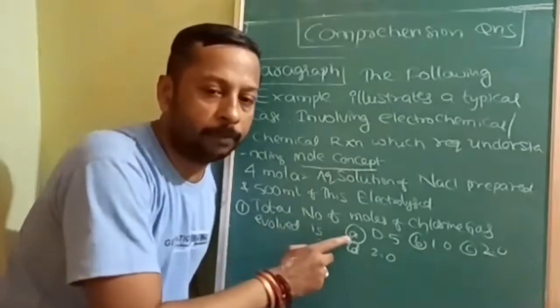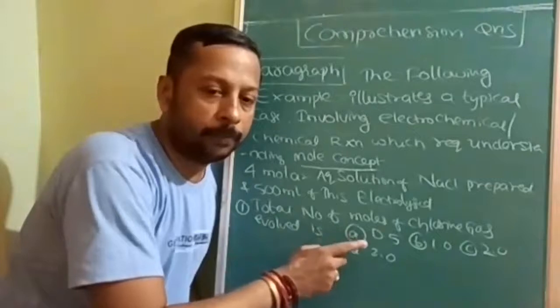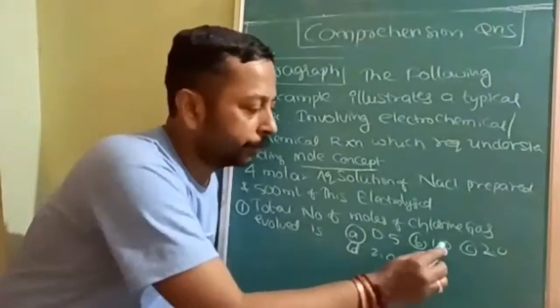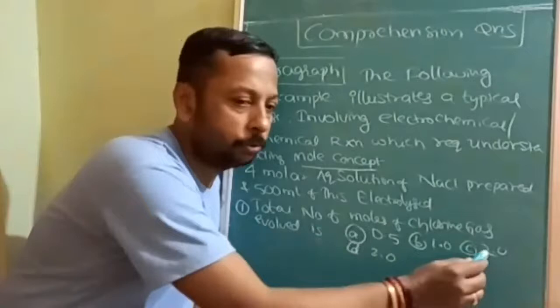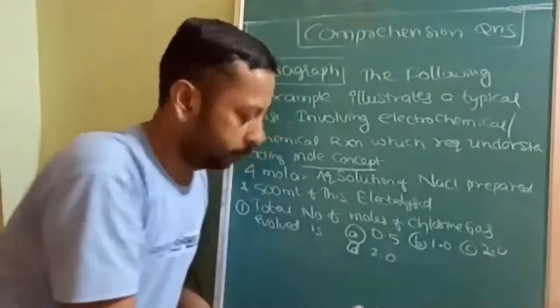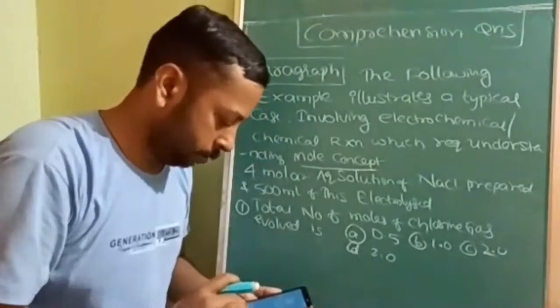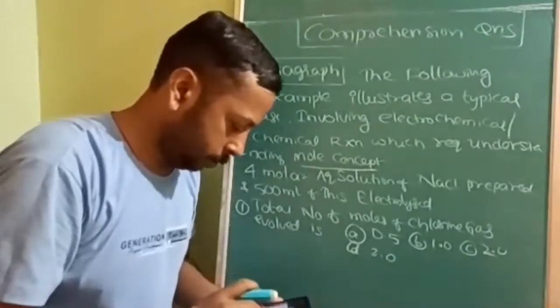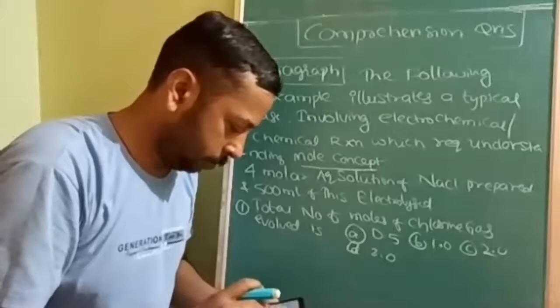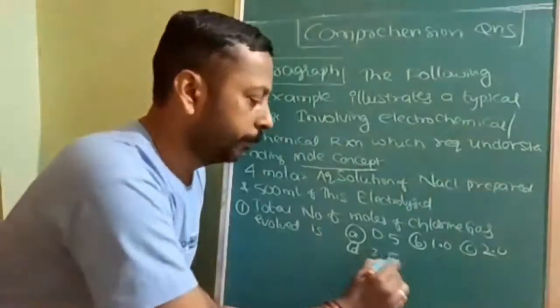Option A, 0.5; option B, 1.0; then 2.0; and then 2.5.